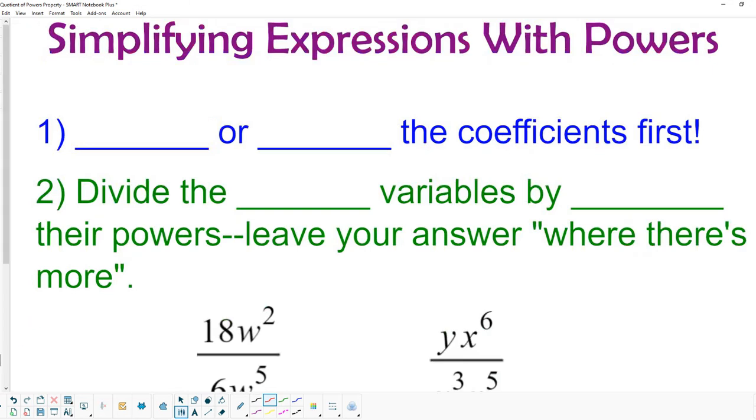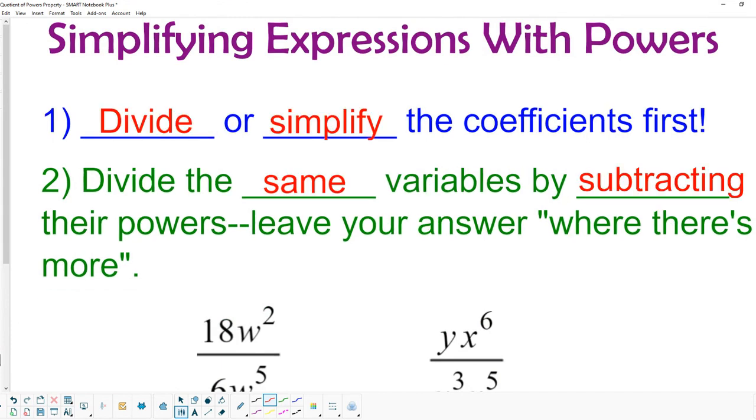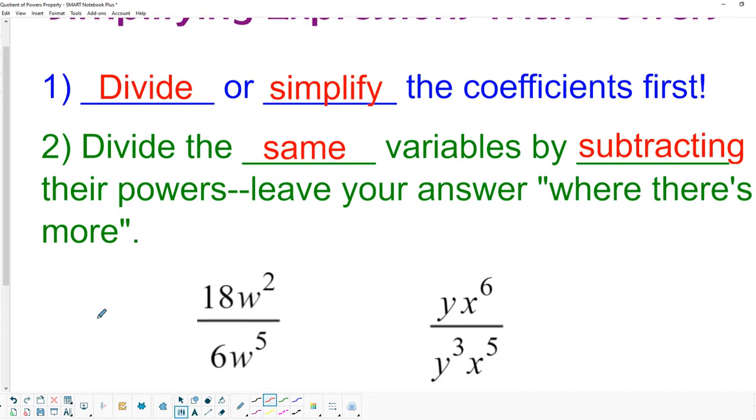Okay, so simplifying expressions with powers, there's a couple of rules that we want to follow that will help us out. So divide or simplify the coefficients first, and then divide the same variables by subtracting their powers. Leave your answer where there's more.